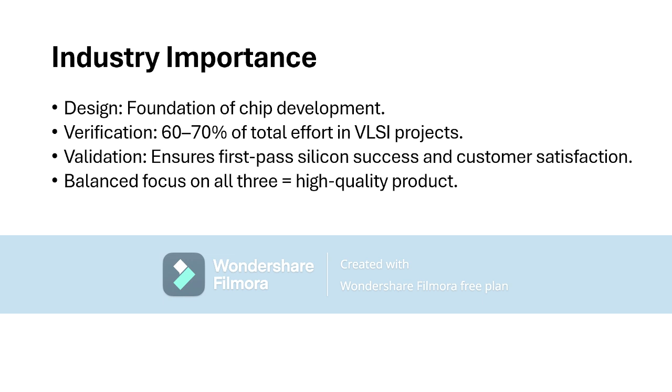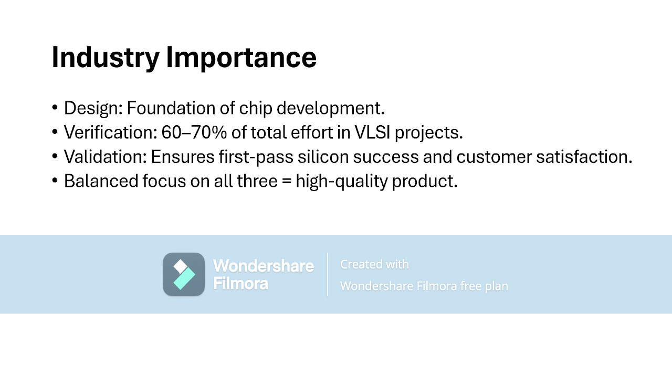Balanced focus on these three things will give you a high quality product. So we cannot say which is most important, because one is the foundation, one is going to be verified by all the engineers, and one is going to be given perfectly by the audience. Suppose for an autonomous drone, validation ensures it navigates in the real environment, not just in simulation.